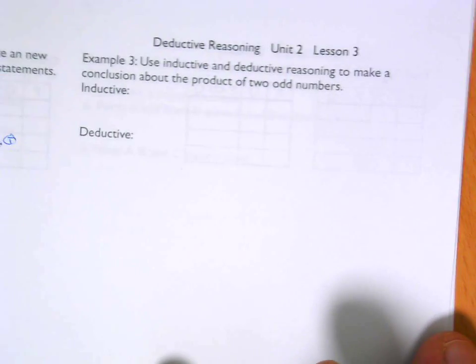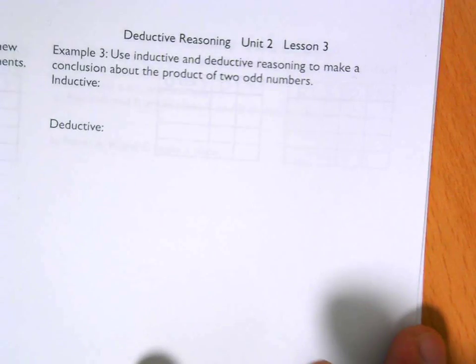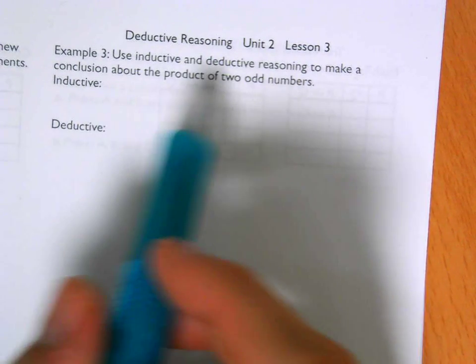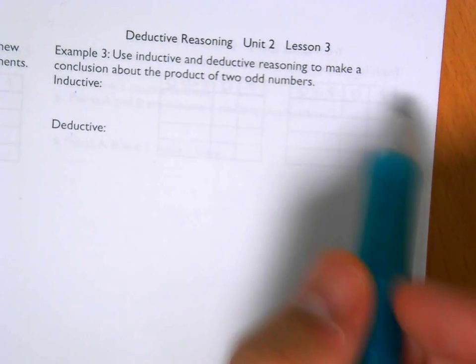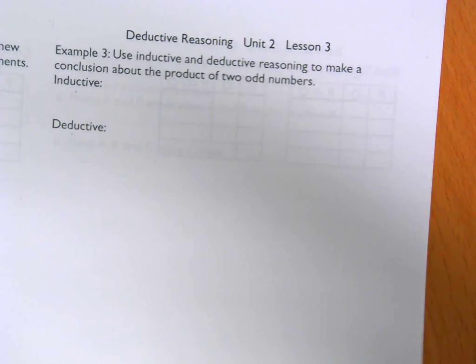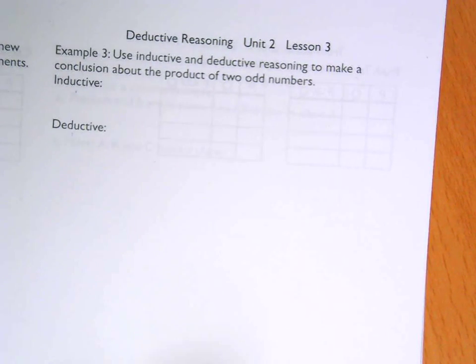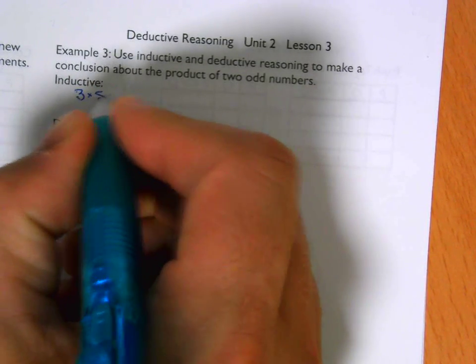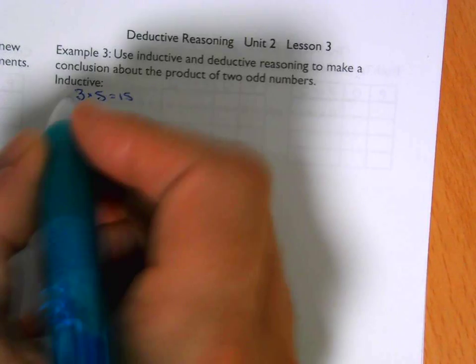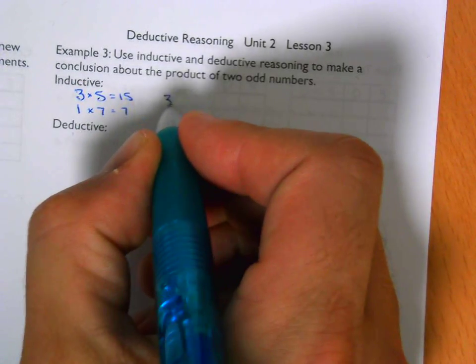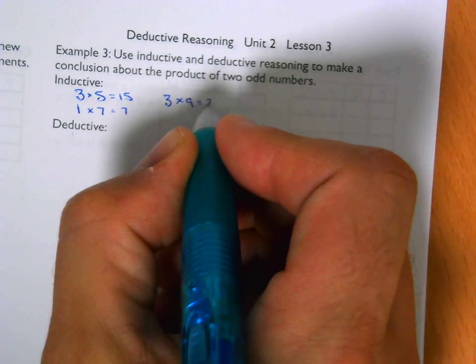So here's one of my favorite types of inductive versus deductive reasoning arguments, or at least examples. Here it says use both inductive and deductive reasoning to make a conclusion about the product of two odd numbers. Well, inductively, I could do a whole bunch of examples. 3 times 5 is 15. 1 times 7 is 7. 3 times 9 is 27.